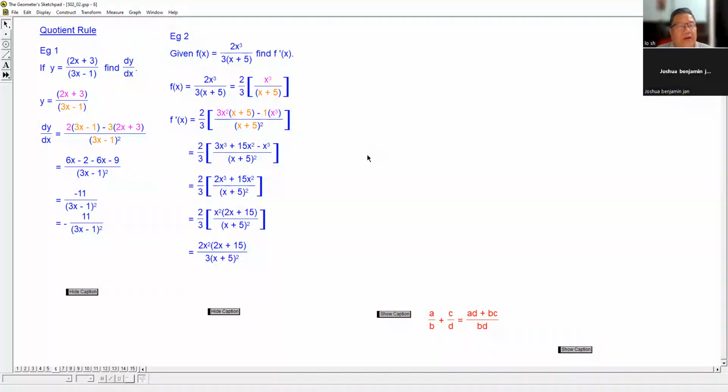Right? So now you can put back the numbers. Number put back at the top is 2, 2x squared. Number put back at the bottom is 3, 3 bracket square. So you go through this step again, then you see what I want to show you is only this one. Numbers you don't differentiate, you just leave it outside. The differentiation process is the same as the quotient rule.